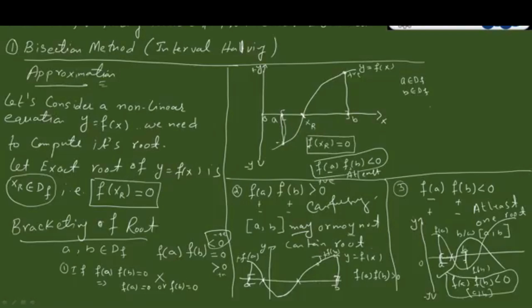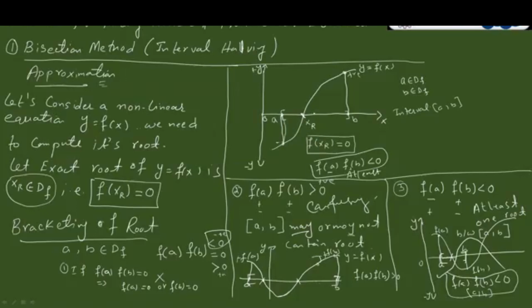Now how the bisection works, you can understand from its name as well. There is an interval from A to B. What we do is break this interval into two halves. That's why it's called interval halving.